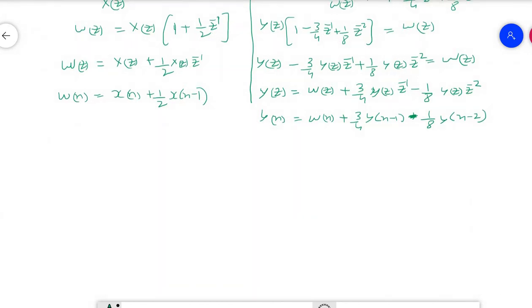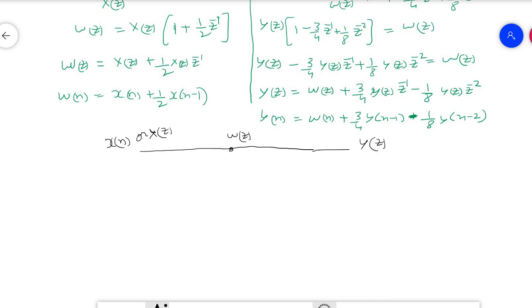Now, how to draw the realization? This is our x[n], or we can say X(z). In between, W(z), w[n], and this is our Y(z). So first of all, zeros.